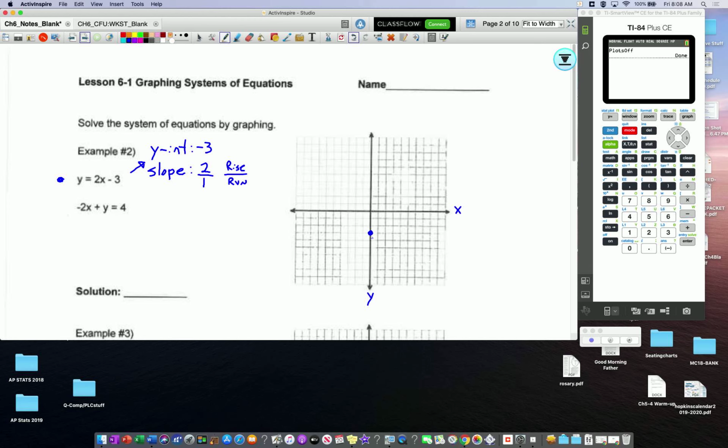So rise up 2, run 1. Continue that process. Up 2, 1, up 2, 1. I can go down, do the same thing, so I get a really good picture of my graph.